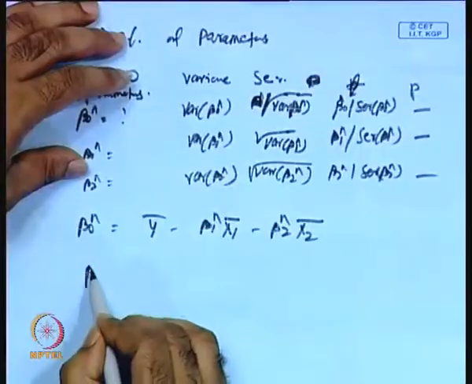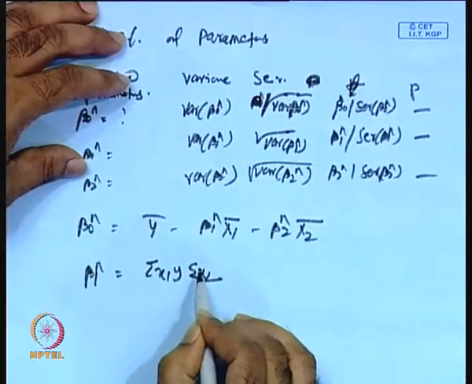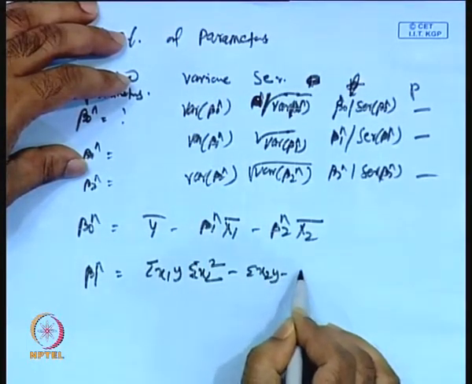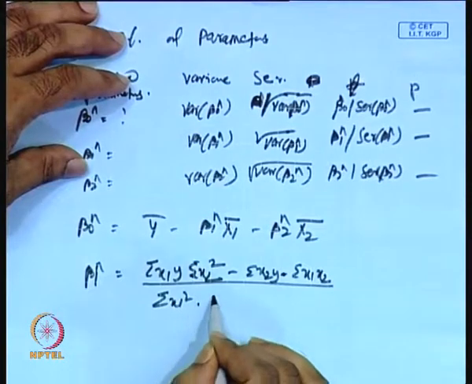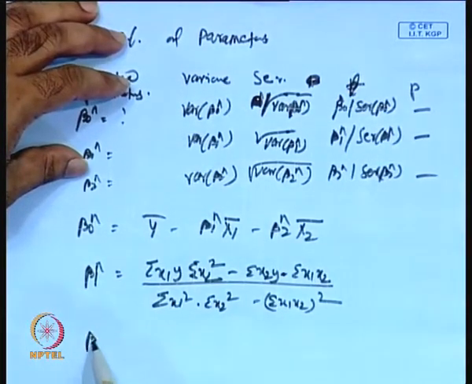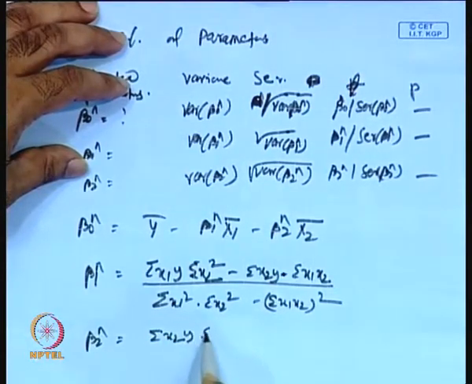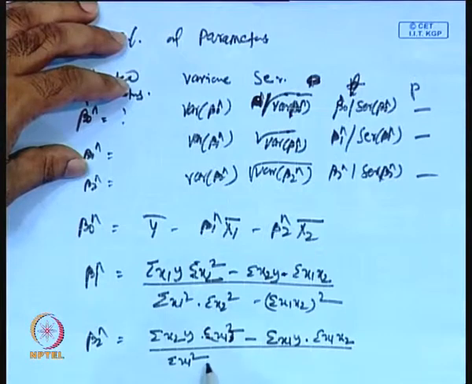So, the initial step is to know beta 1 hat and beta 2 hat, then everything will come automatically. Beta 1 hat is equal to summation x1y into summation x2 squares minus summation x2y into summation x1x2, divided by summation x1 squares into summation x2 squares minus summation x1x2 whole squared. Similarly, beta 2 hat is equal to summation x2y into summation x1 squares minus summation x1y into summation x1x2, divided by summation x1 squares into summation x2 squares minus summation x1x2 whole squared.